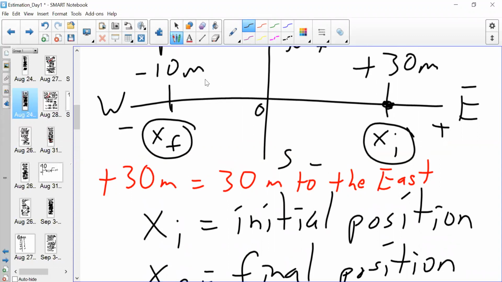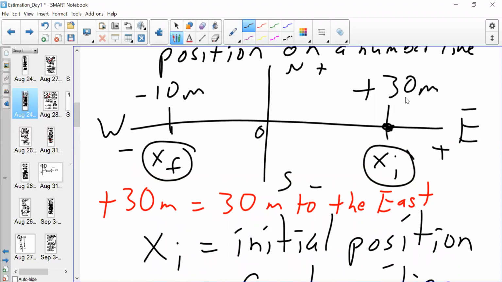So in effect, what you're looking at here is a vector. I'll be introducing that even more down the line. But all a vector really is, is a quantity that has a number in it and it has a sign. The number, the initial position, would be 30. The sign would be the plus sign. That represents where you're going or where you are.